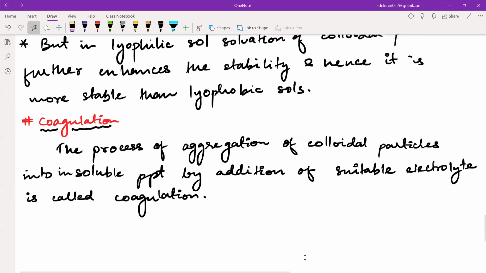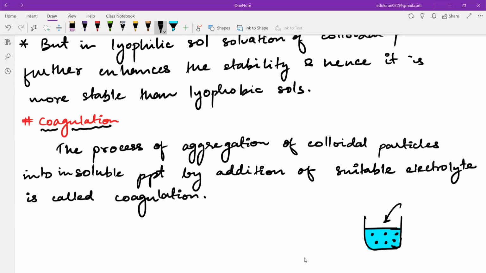Now, when I talk about electrolytes here, I think it is quite intuitive to understand. If I have some kind of sol, and these are all positive sols, I want to bring all of these positive sols together and aggregate them.